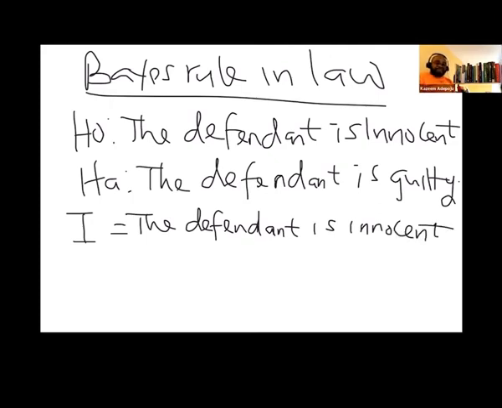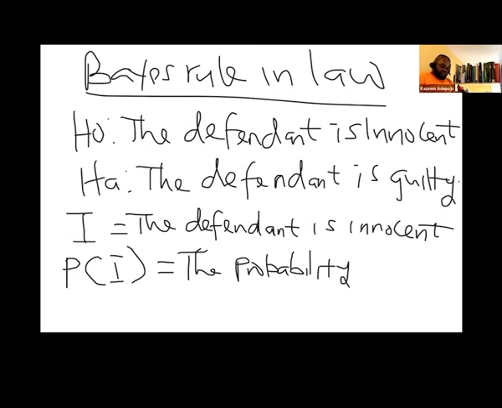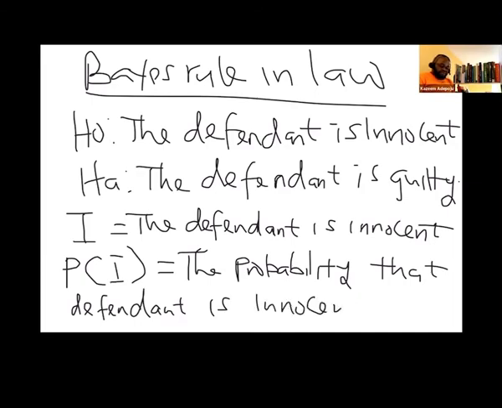We want to know, what is the probability? P of I will be the probability that the defendant is innocent. The probability that the defendant is innocent is a prior probability, because right now we've not used evidence.